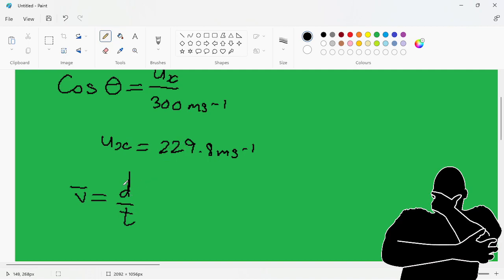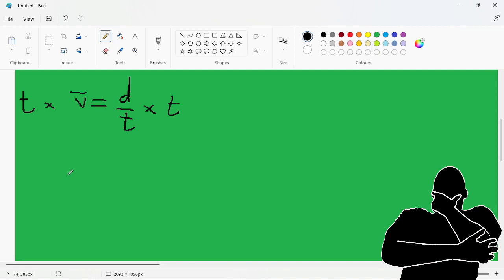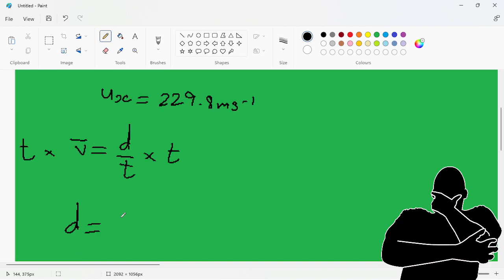And then all we have to do to find the range, which is d, or displacement, is multiply both sides by time. And we should get d is equivalent to this component of the velocity, which was 229.8 meters per second, times time.